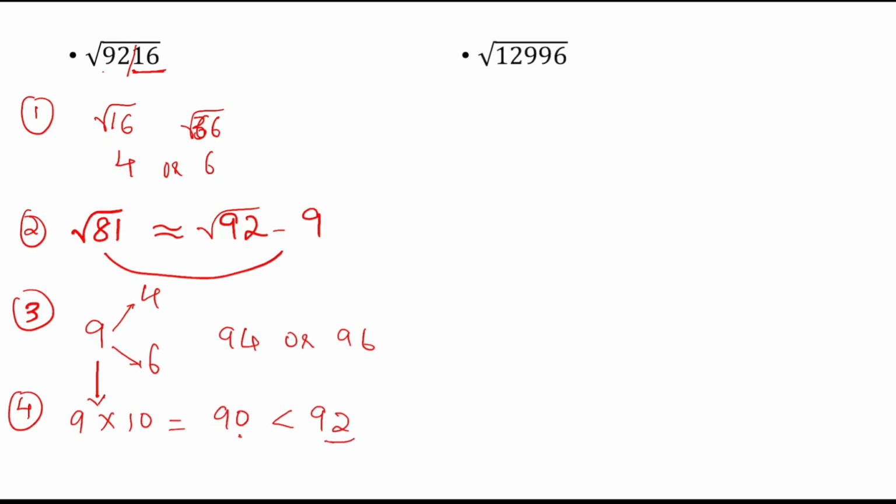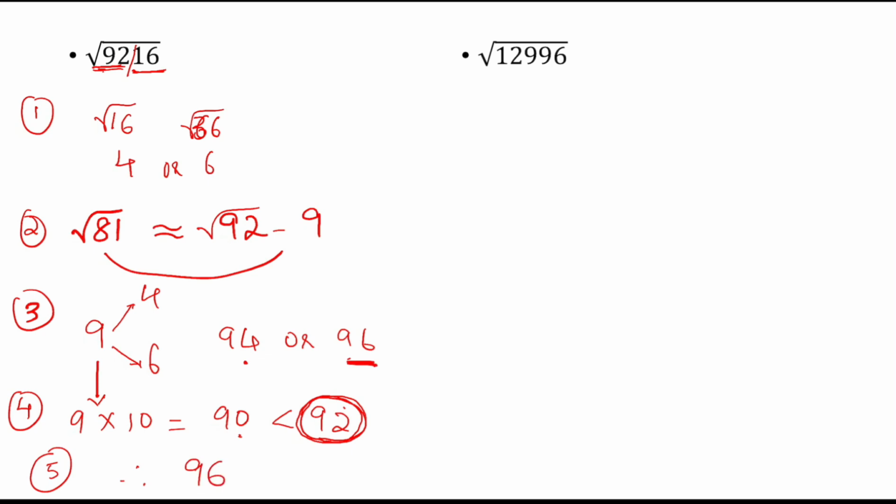Since 92 is greater, always check whether this number, if it is greater, take the greater number. If it is lesser, take the lesser number. Since 92 is greater than 90, take the greater number, that is 96. Therefore, square root of 9216 is 96.